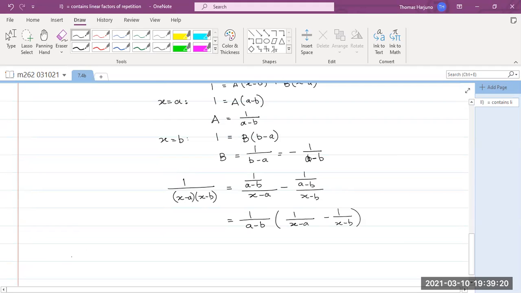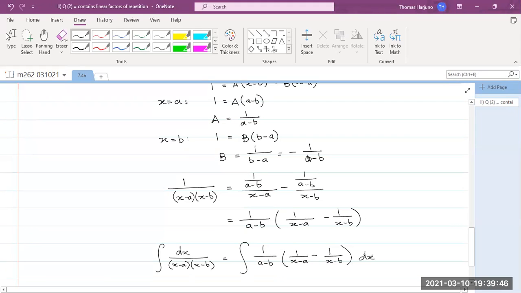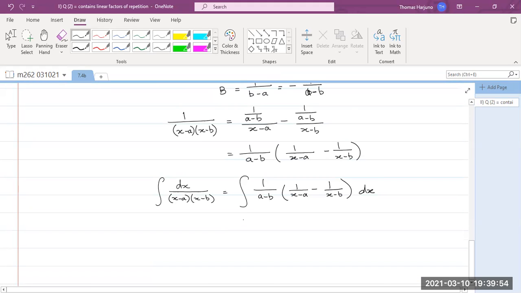Now, therefore, if we go back to the integral, integral of dx over x minus a, x minus b, that will be the integral of 1 over a minus b times 1 over x minus a minus 1 over x minus b dx. Is that right? Now, 1 over a minus b is just a coefficient, I can bring it out.